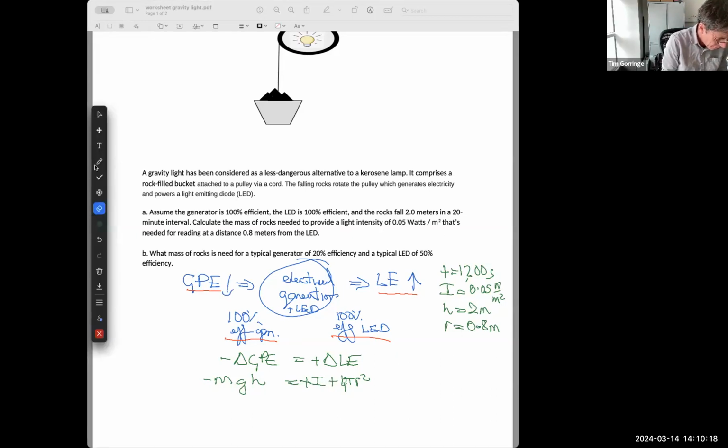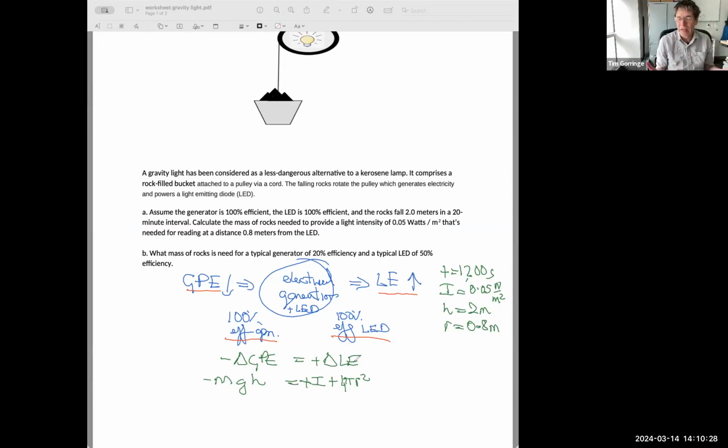Before I do that, I want to change one thing in this equation here. I put in originally the plus or minus sign because I wanted to remind us about the fact that we're giving up gravitational potential energy. So it's decreasing. We're acquiring light energy. It's increasing. So I wanted to stress that fact. What you lose in gravity, you're going to gain in light in terms of the energies.